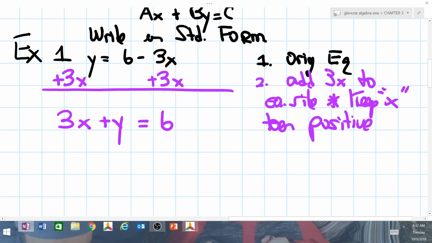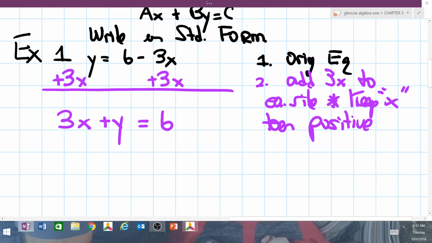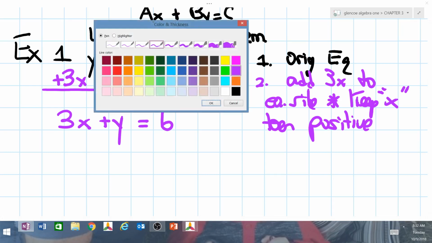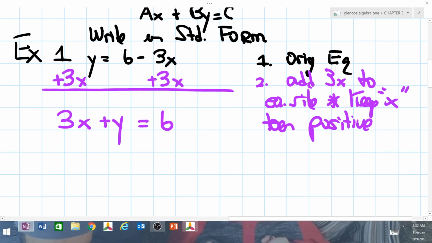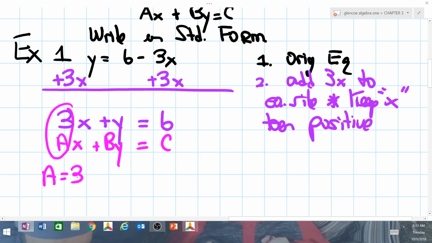And so I want to show you something that's really going to help you. So stay with me. If the equation is in standard form, watch what you could do right now to make your life easy. Ax plus by equals c. So we could say that A is 3.